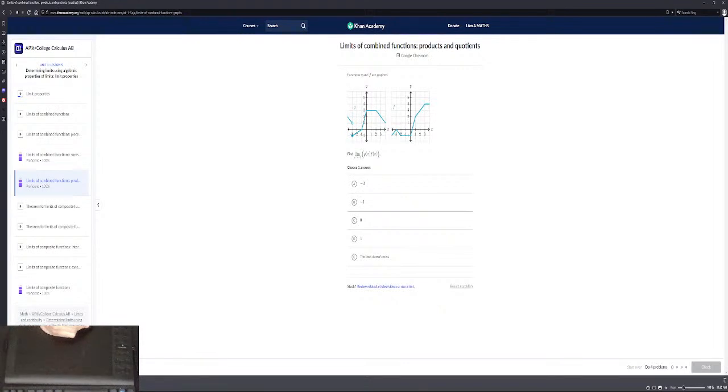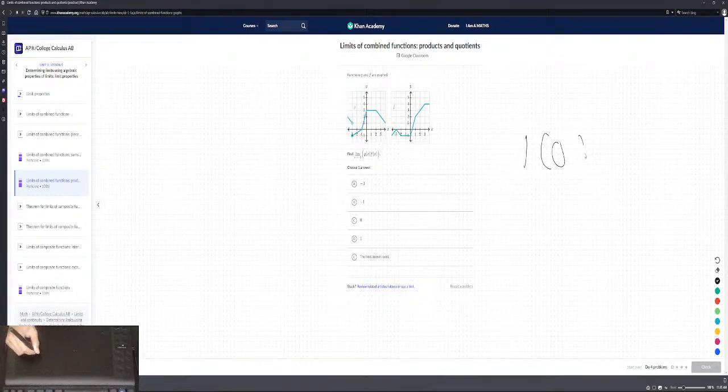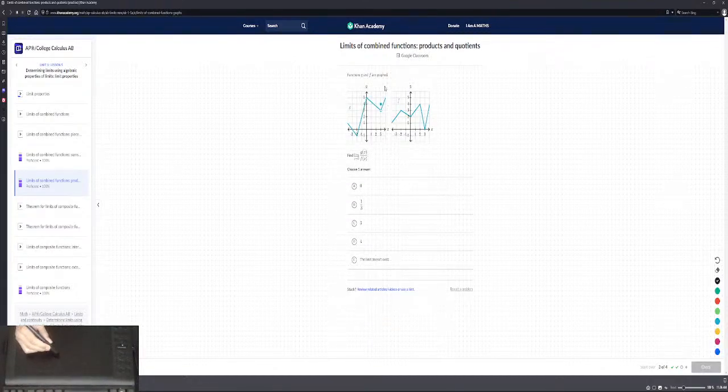So no matter what, if you did 1 times 0 or negative 1 times 0, you still get 0. So the answer is 0. Zero. Zero.